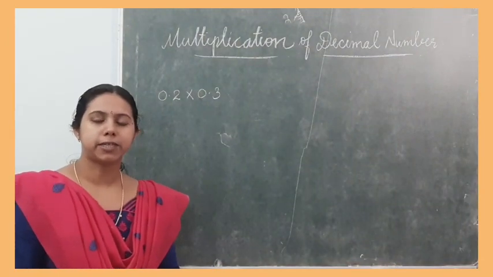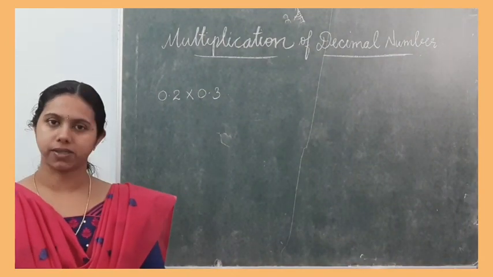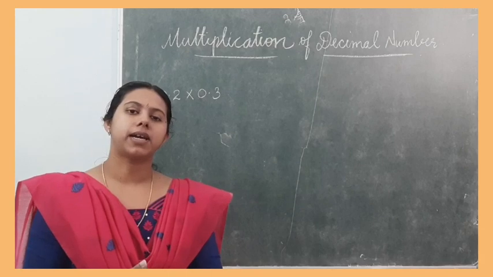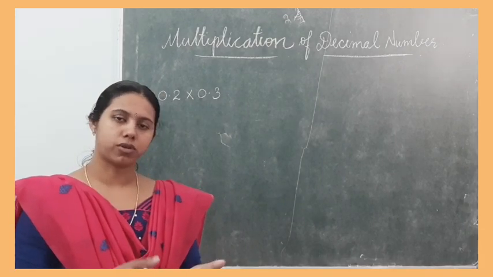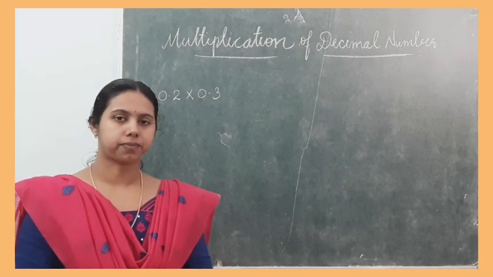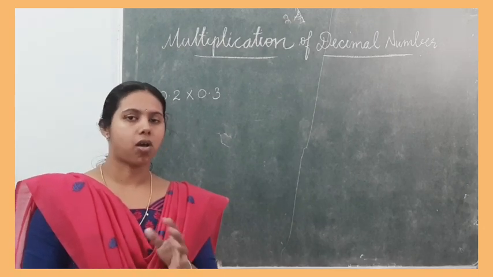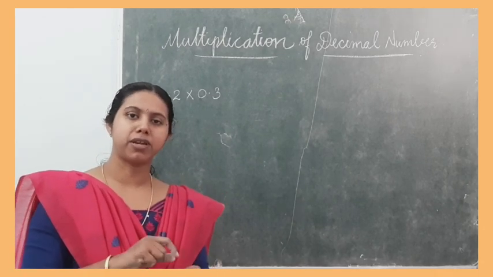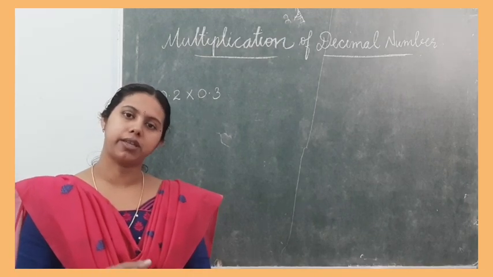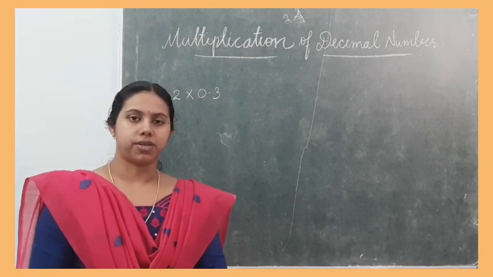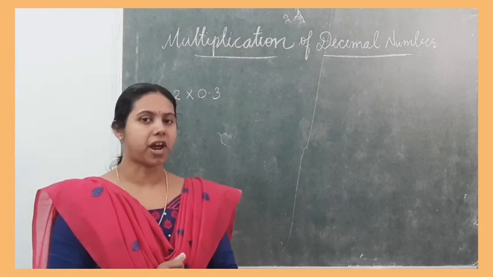Next one is multiplication of decimal numbers. When you multiply 2 decimal numbers, you just multiply as a whole number, or you can convert the decimals to fractions, then you can do it. You know the multiplication of fractions.